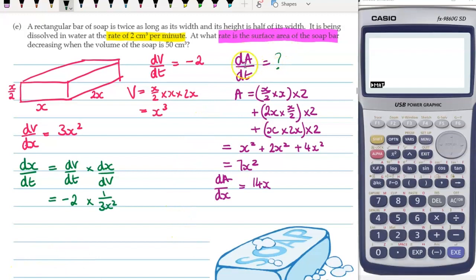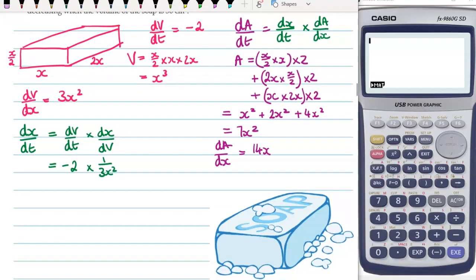So again, checking back in with what we're trying to work out here, if I have dx by dt, do I have the other pieces now to make that work? To turn that into dA by dt, I'd need to introduce dA, timesing by dA, and divide through by dx, and look, that's what I've got over here. Okay, so now I can take the next step of saying that dA by dt is equal to dx by dt that we just worked out, minus 2 over 3x squared, times dA by dx, which is 14x.